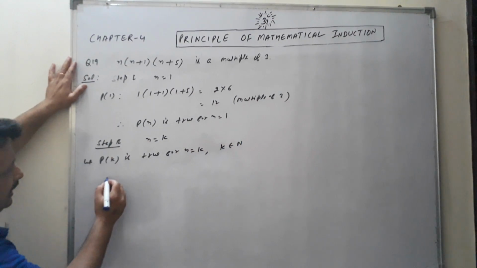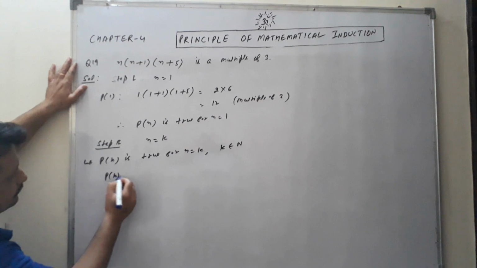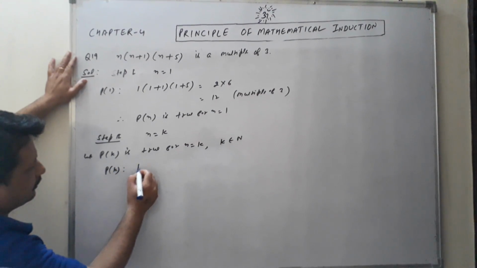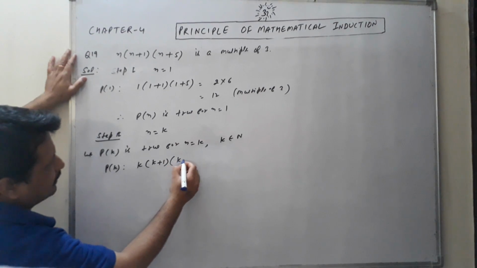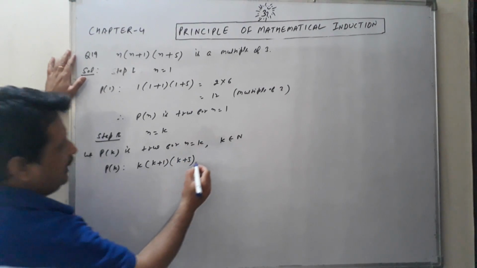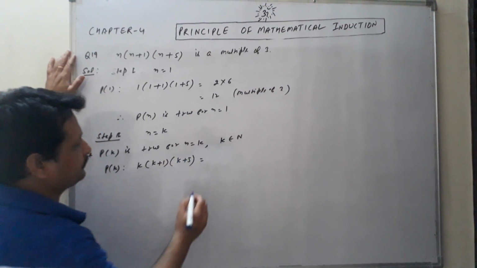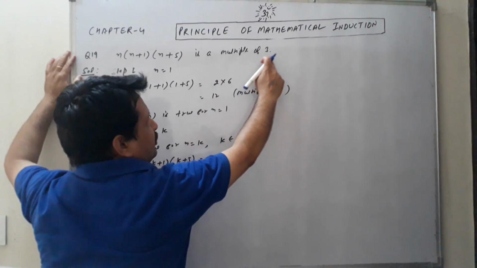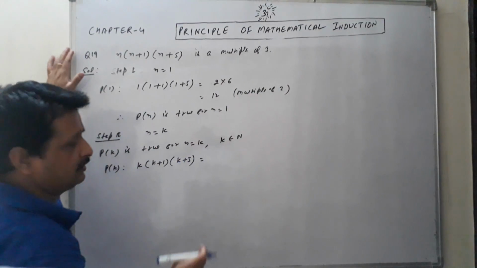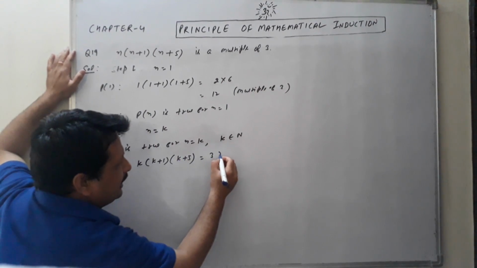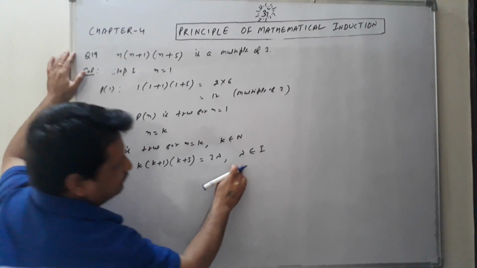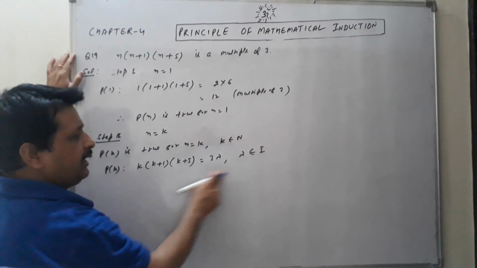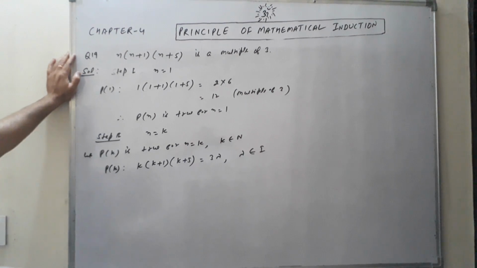So we can say that P of k, k into k plus 1 into k plus 5, let this be equal to, because here it is given to you as a multiple of 3, so we will let it be equal to 3 lambda, where lambda belongs to integers. This is the change in these questions students.